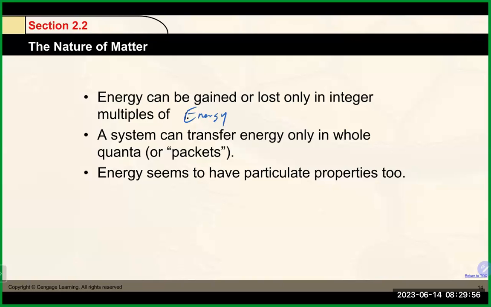The idea of a quanta of energy is that electrons, for example, will only gain and lose enough energy to go from one energy level to the next. They will never find themselves in between. And as we'll see, they lose it in terms of E equals h times the frequency, which is a quantum of energy.